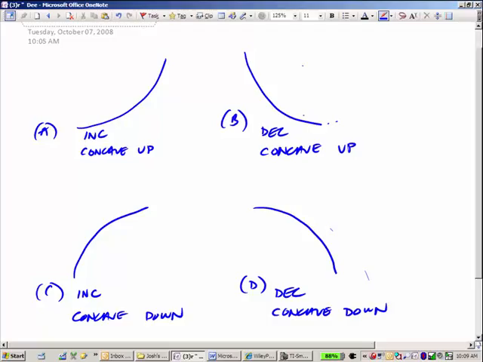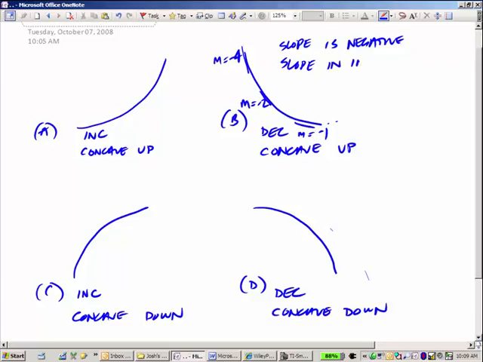Decreasing and negative aren't the same thing. In B, it's true that the slope is negative. That's definitely true. The slope here is maybe -4. The slope here is maybe -2. The slope here is maybe -1. But the slope is increasing. Because the function is decreasing and the function is concave up.